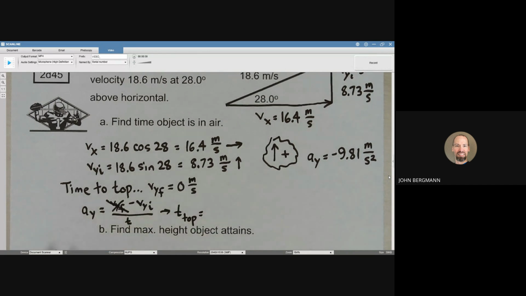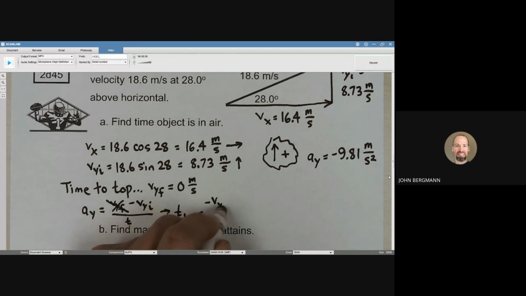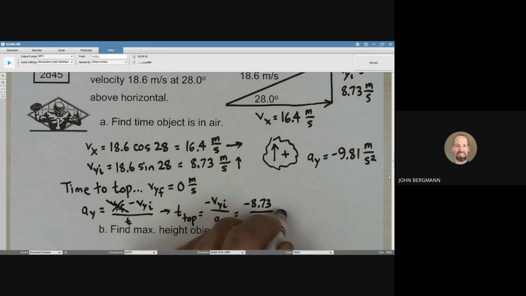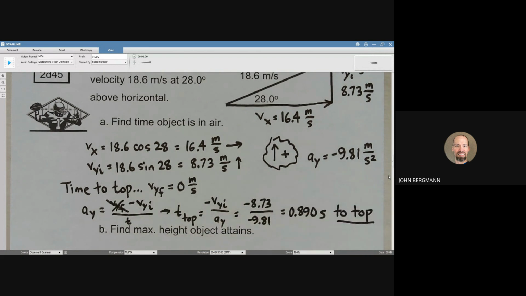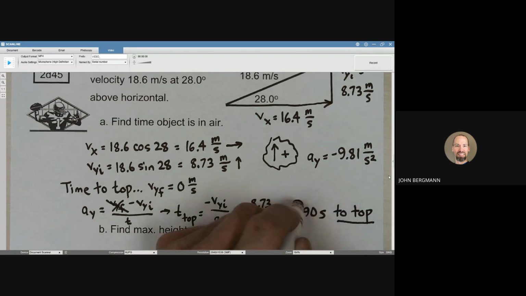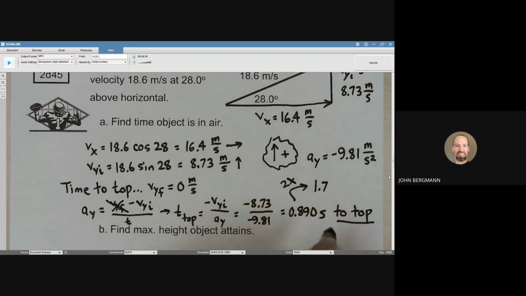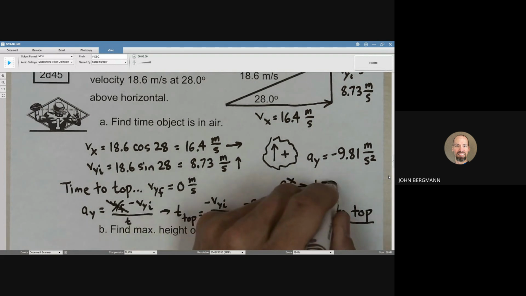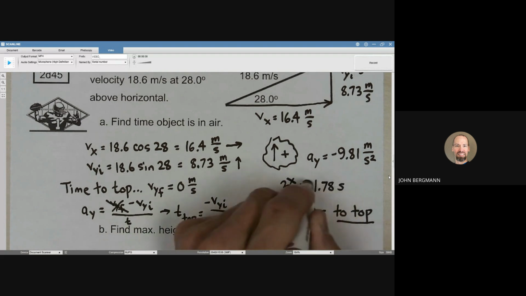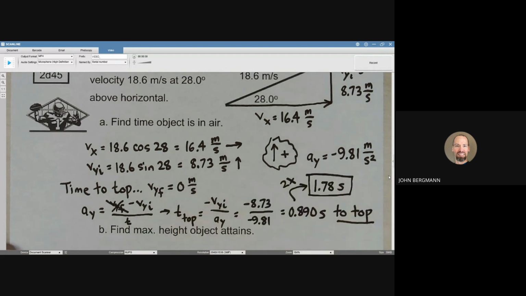Time to the top is the opposite of Vy initial divided by Ay. And according to my calculations, that comes out to be 0.890 seconds. But the question is, how long is this in the air? It's going to take the same amount of time to come down as it took to go up. So the time that it's in the air, which is the question, is 1.78 seconds.